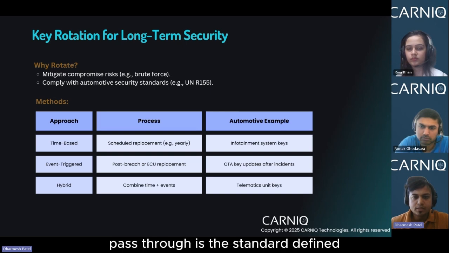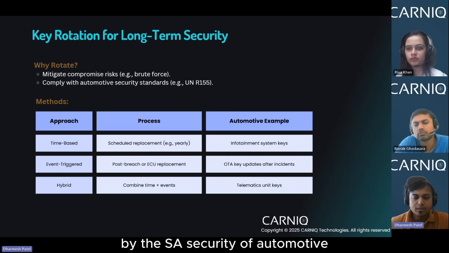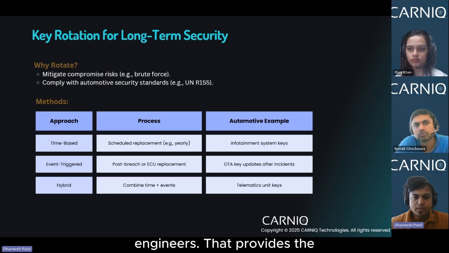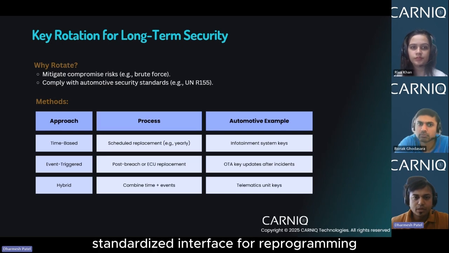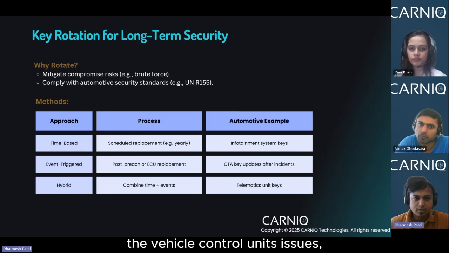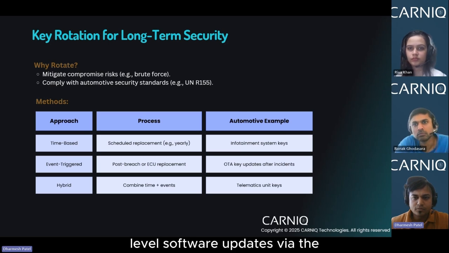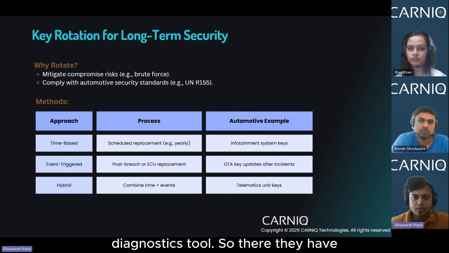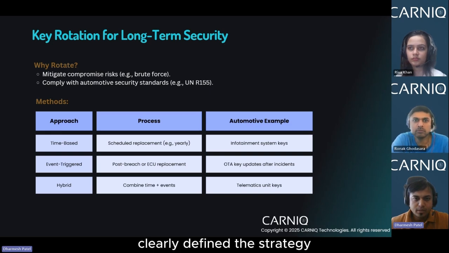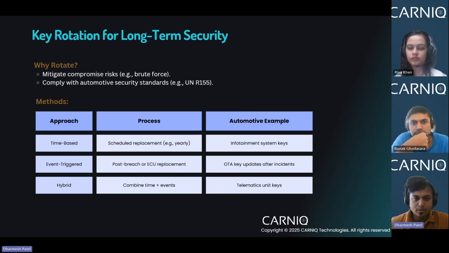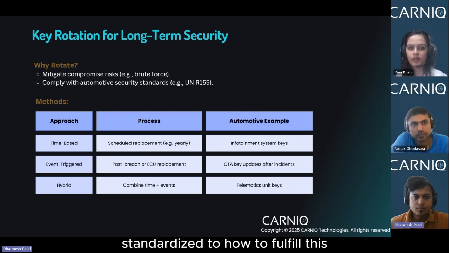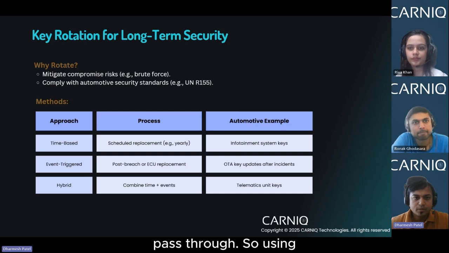J2534 pass-through is the standard defined by the SAE, the Society of Automotive Engineers, that provides a standardized interface for reprogramming the vehicle control units, ECUs, allowing independent repair shops access to manufacturer-level software updates via the diagnostic tool. So they have clearly defined the standard for how to fulfill this pass-through.